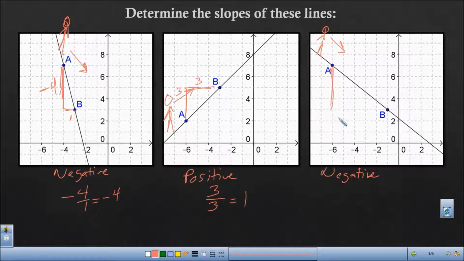Down 4, right 5. So -4 over 5, we have -4/5. Make sure your answers agree with the problems. You're going to know if you're wrong. If you're expecting the slope to be negative and you give me a positive answer, then you should know that you're wrong. Slope is one of those ideas where a wrong answer can communicate a lot to you if you're just paying attention.